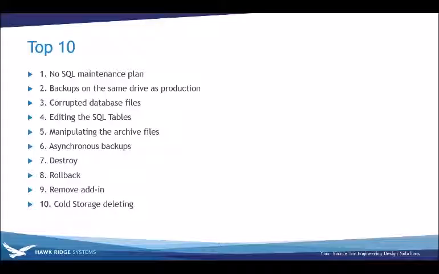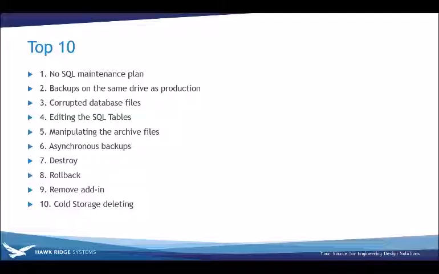So once again, just kind of going through this top 10. 1 through 6 kind of have to do with backups, making sure that you've got your SQL backups in place, that you're thinking well about not putting those on the same drive as the production vault, making sure you've got an automatic email set up to tell you if the drive is full so that it can't create those backup files.